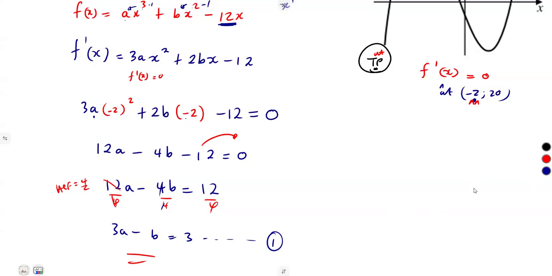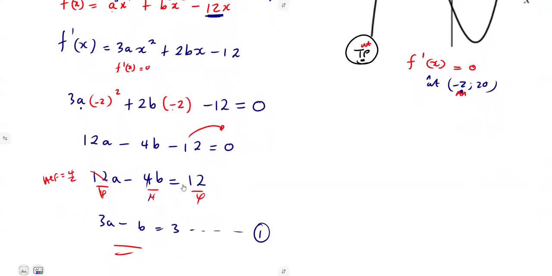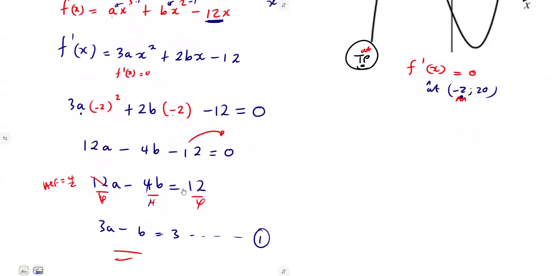We formed an equation from the turning point concept, that the first derivative must be equal to 0 at the turning point. Since we cannot solve this equation for a or for b because we've got 2 unknown values, we form another equation.